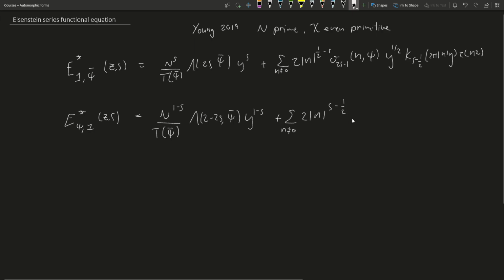So we get this nice looking Fourier expansion. And then we also said in that lecture that there was a functional equation.